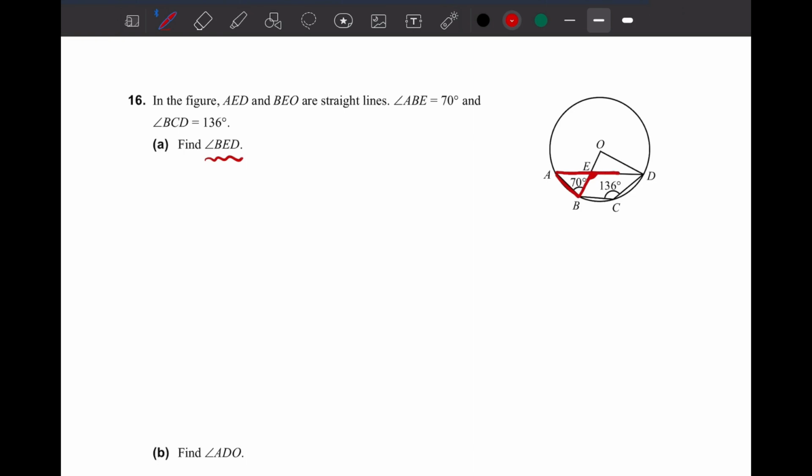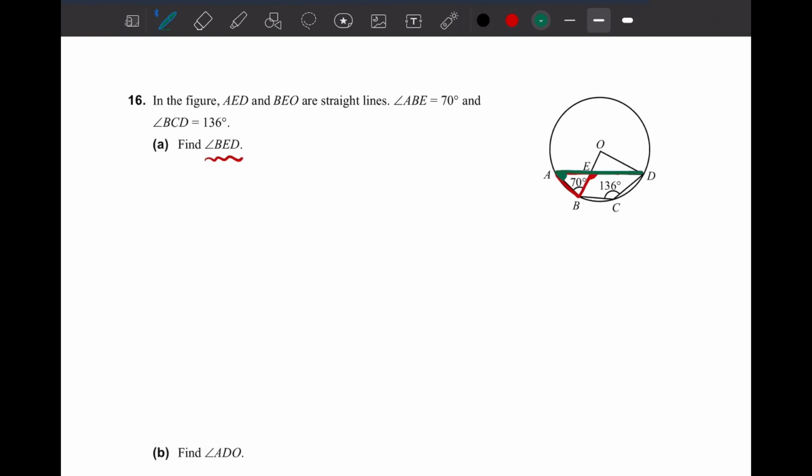So 70 degrees is inside the triangle ABE, and your angle BED is actually an exterior angle of the triangle. So meaning that if I can find this BAE, I can probably find my angle BED. But can I find my angle BAE first?